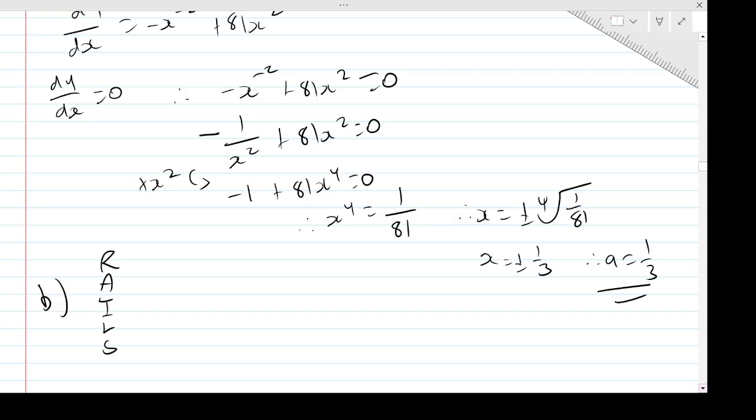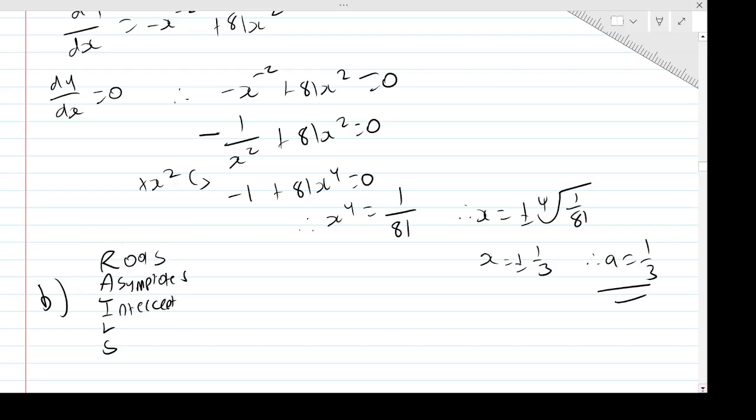And what this stands for is roots, asymptotes, intercept, which is the y-intercept, or the x-intercept, but that's roots.